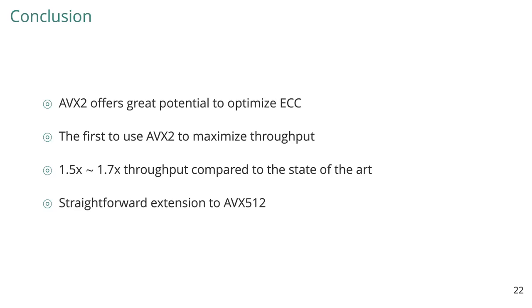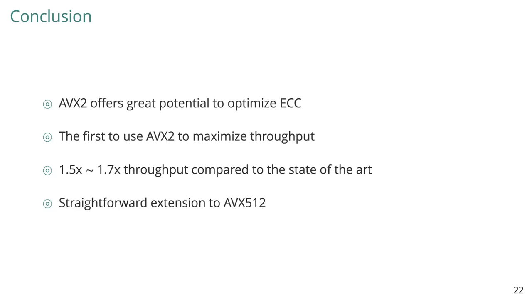To summarize our work, we find that AVX2 offers great potential to optimize ECC, and all existing implementations used AVX2 to minimize the latency of a single scalar multiplication. Our work is the first to use AVX2 to maximize throughput, that is, maximize the number of scalar multiplications per second.